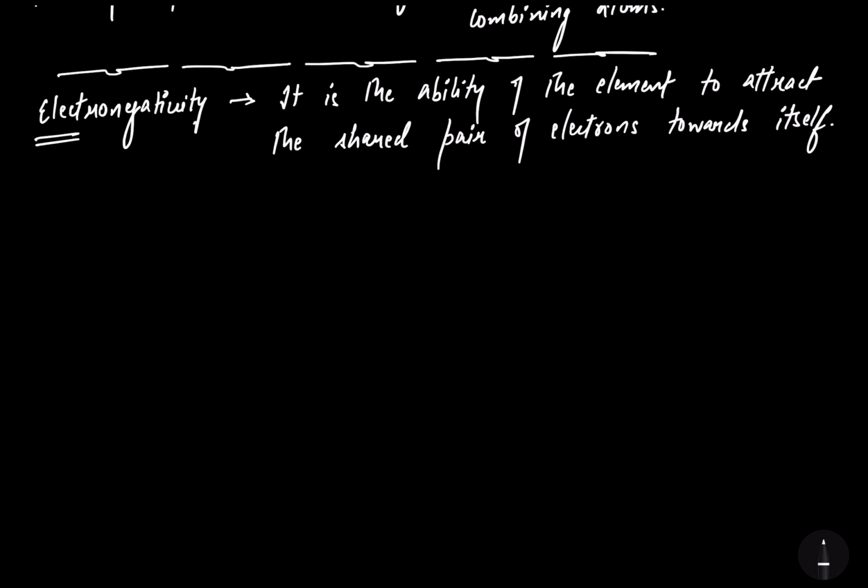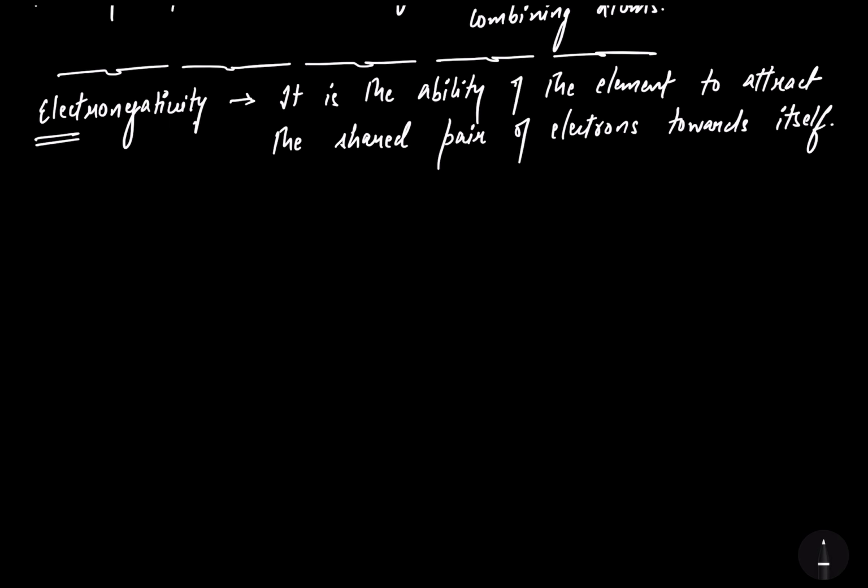So what is the shared pair of electrons? It is the electrons present between the bonds. What is electronegativity? It is the ability of an element to attract the shared pair of electrons towards itself.